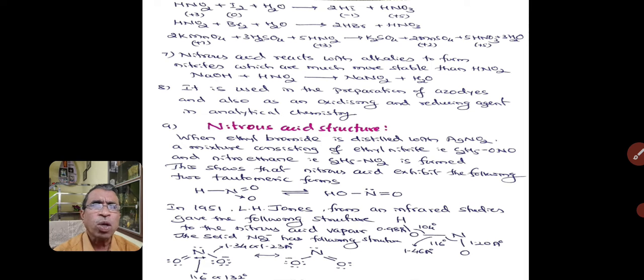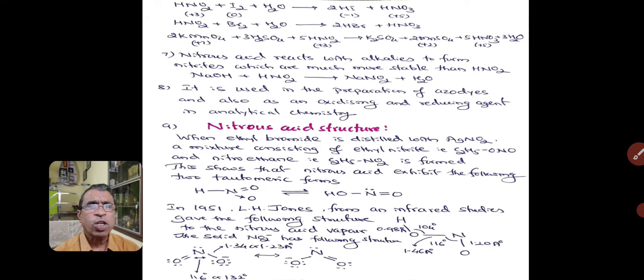Coming to the structure of nitrous acid. When ethyl bromide is distilled with silver nitrite, a mixture consisting of ethyl nitrite, that is C2H5ONO, and nitroethane, C2H5NO2, is formed. This shows that nitrous acid exhibits the following two tautomeric forms.